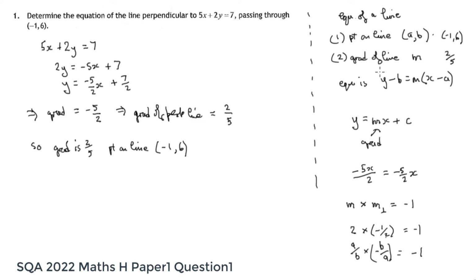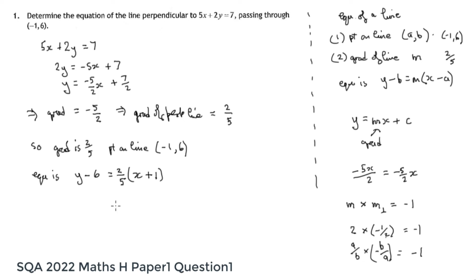So we can use this formula. The required equation is y minus the y coordinate, that's y minus 6, equals the gradient m, which is 2/5, times x minus the x coordinate, which is -1. That's x minus a. So take away -1, that'll be adding 1.